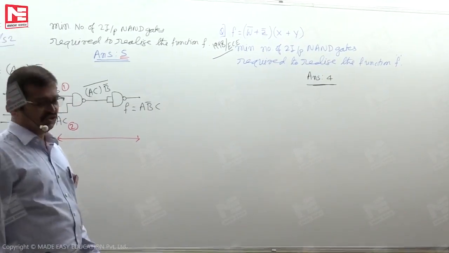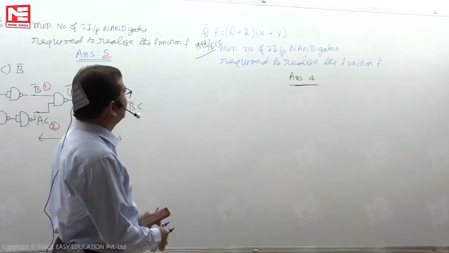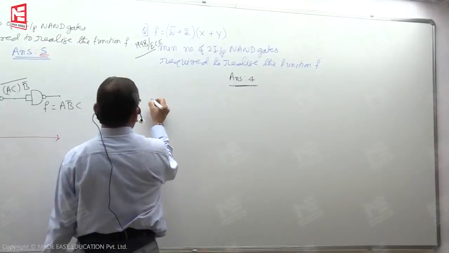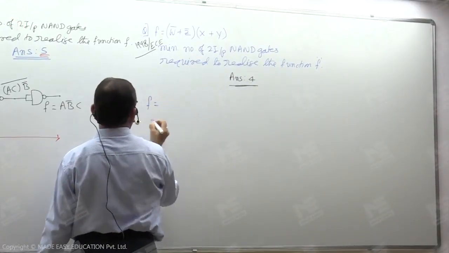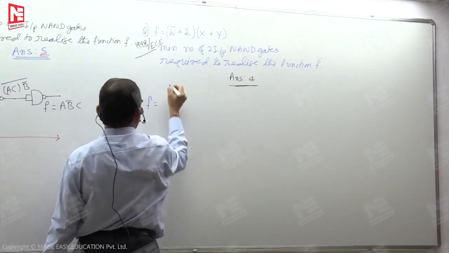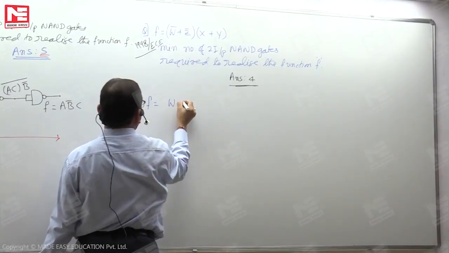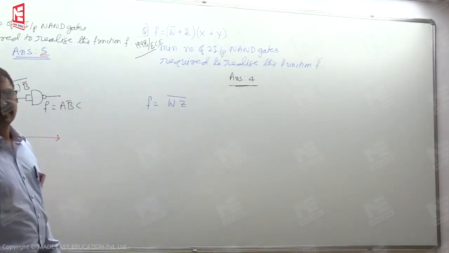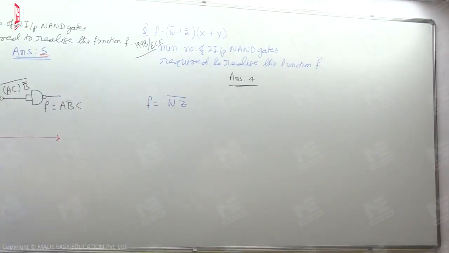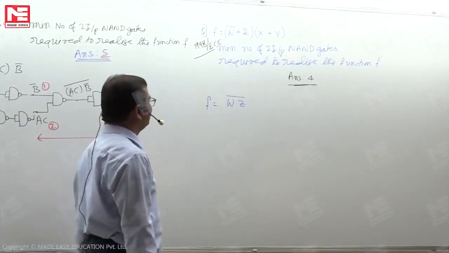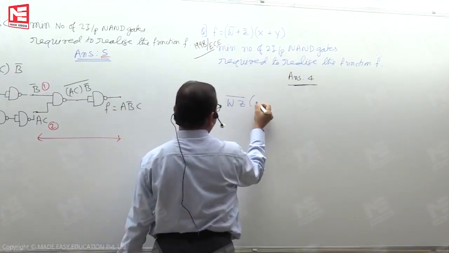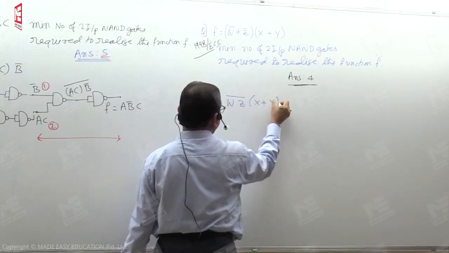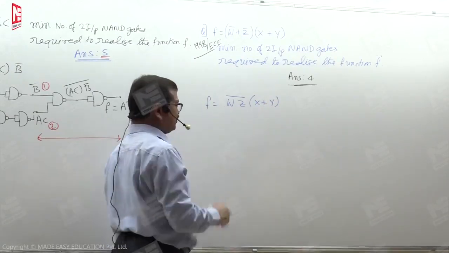Let's look at how it is. This f, I can write the first sum term as WZ whole bar. I'm writing the first sum term as WZ bar, of course, using De Morgan's property. The other sum term, let me write as it is at this point.